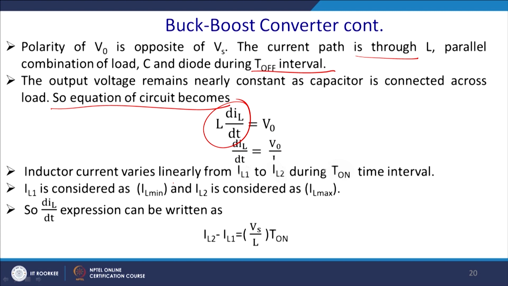The inductor current varies linearly from IL1 to IL2 during the T on interval, and IL1 is considered as IL min and IL2 is considered as IL max, same as in the case of the boost converter. So, the dI/dt expression can be rewritten as IL2 minus IL1 equal to Vs by L into T on.